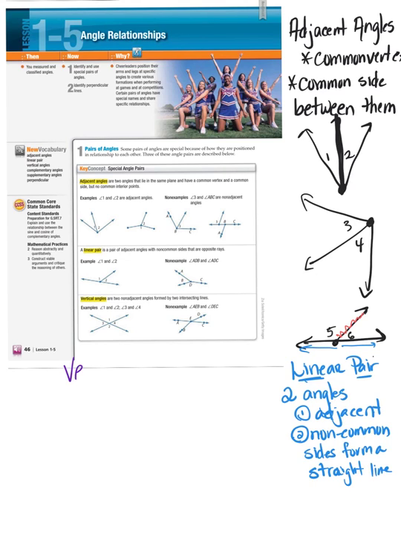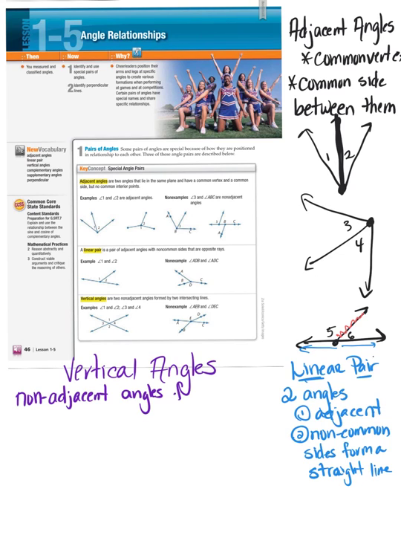Vertical angles. Okay? Vertical angles are non-adjacent angles formed when two lines cross or when two lines intersect.